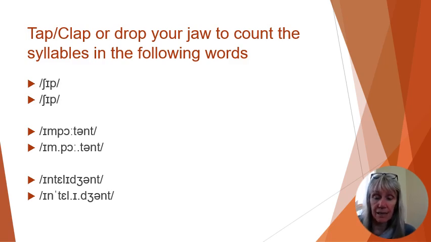Then we have the I again, all by itself. And then we have the schwa e, not really pronounced. An upside down e means that the sound is not clear. So that's intelligent. Four syllables. Did I say three? Four syllables, ten phonemes.